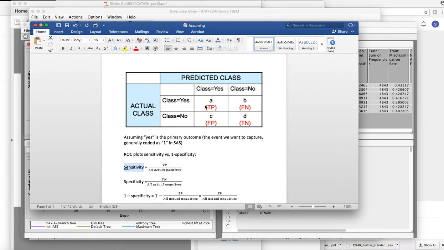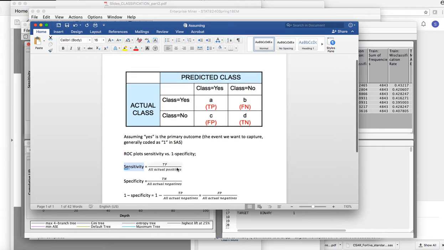It is the proportion of this cell in this row, the proportion of true positive predictions among all actual positive cases. And specificity is the proportion of this cell in this row.